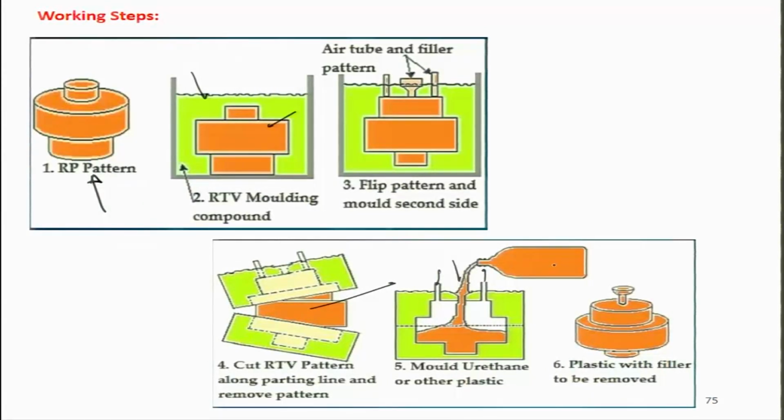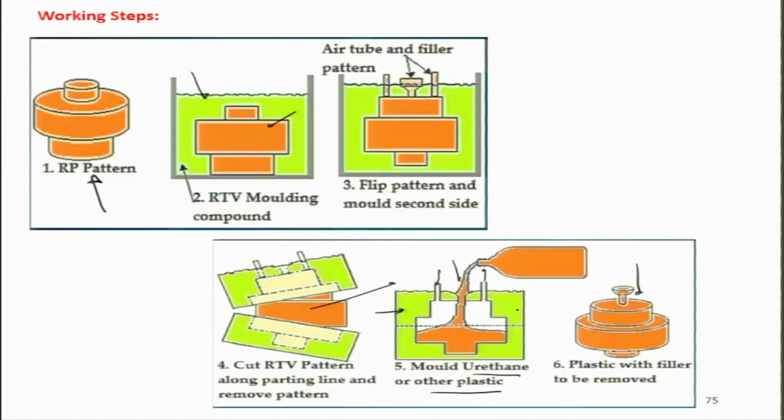Once the material is poured, and this material could be urethane or other plastic, which can use this soft polymeric mold as a filler, the plastic goes inside and fills the space while all the air gets oozed out from the air vents, thus creating this kind of part.